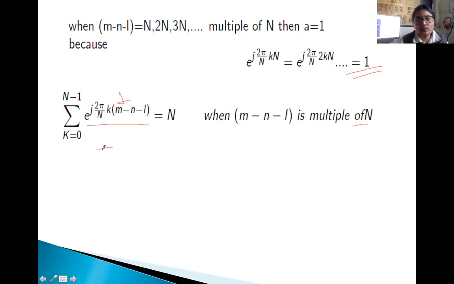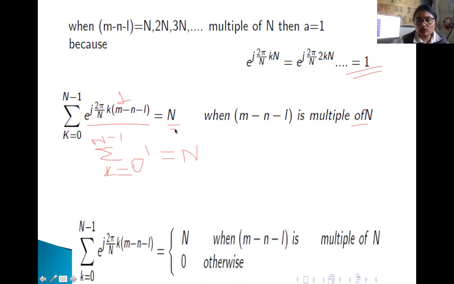So this is going to be the summation k varies from 0 to n minus 1. How many terms does it have? n terms. So the value of the summation k varies from 0 to n minus 1 of 1 is equal to n. So here this value is always equal to n.